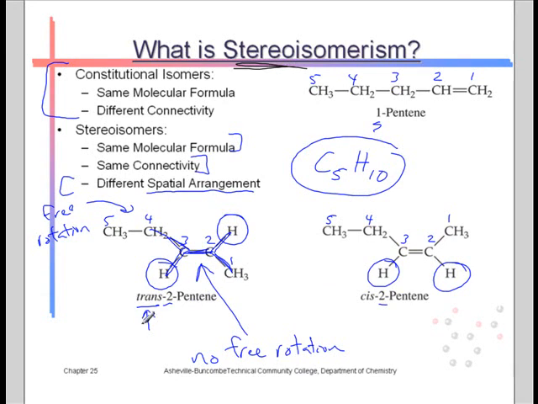If there's some substituent groups, we'll see that here in a minute, trans would be out front. If the hydrogens are on the same side of the double bond, then we use our cis label. And so again, unique structure, you have a unique function, so we need a unique name as well. And we use the cis and trans to distinguish between the two spatial arrangements for the two pentene molecules there.